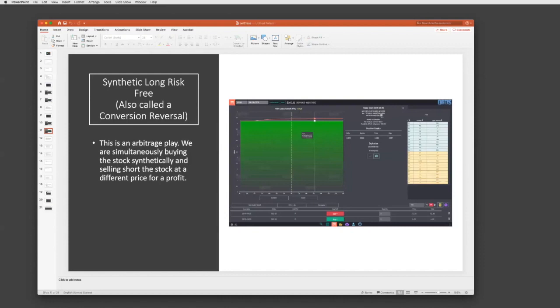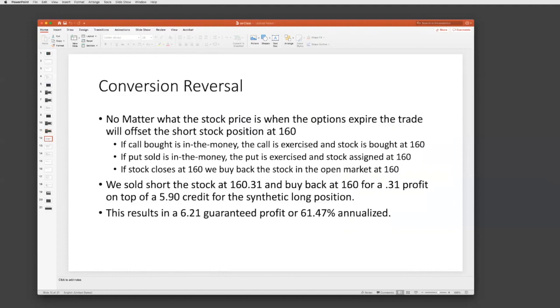If we could create the synthetic long position and sell short the stock at 160. This position, no matter what, same thing, we are entering a synthetic long position, and we're doing that for a credit. We're getting synthetically long at 160, and then we're simultaneously selling short the stock at 160.31.